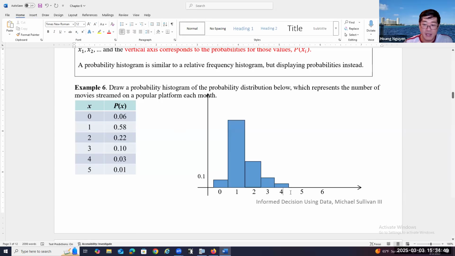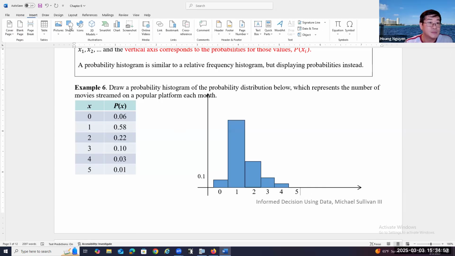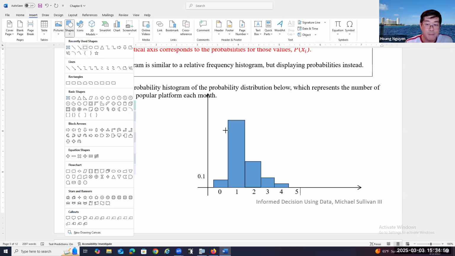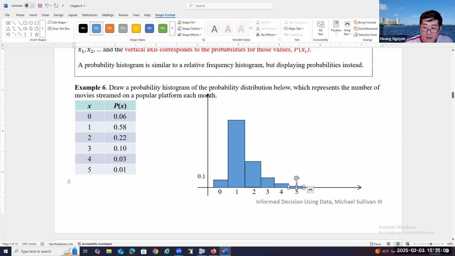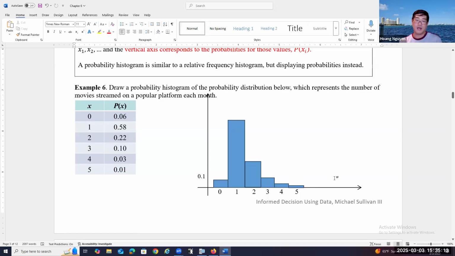And when x equals 5, we don't need 6 then, 0.01. Maybe just something like this. I wanted approximately, it's okay. There we go. So that's the probability histogram.